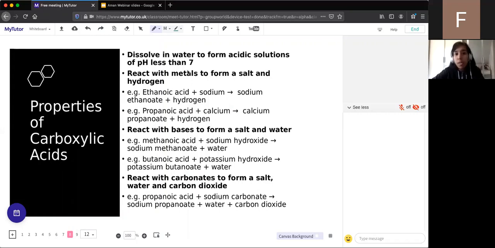The second property of all acids is that they react with metals to form a salt and hydrogen. So when we looked at acids, we looked at the reactions of acids. For example, ethanoic acid reacts with sodium to produce sodium ethanoate and hydrogen. What would you see in this reaction when it reacts with metals?